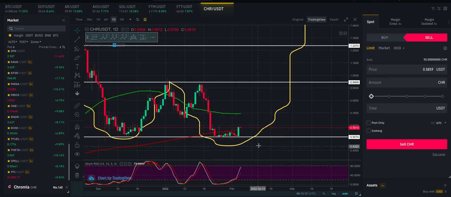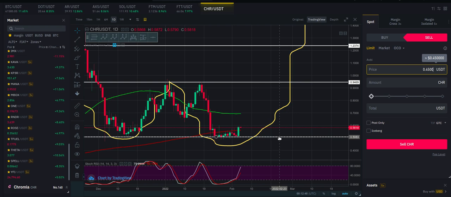Now if you want to put your stop loss at this point, maybe 0.450, you come here where you have your price, 0.450. Then you decide how many Chromium did you buy. Now let's do a little calculation.